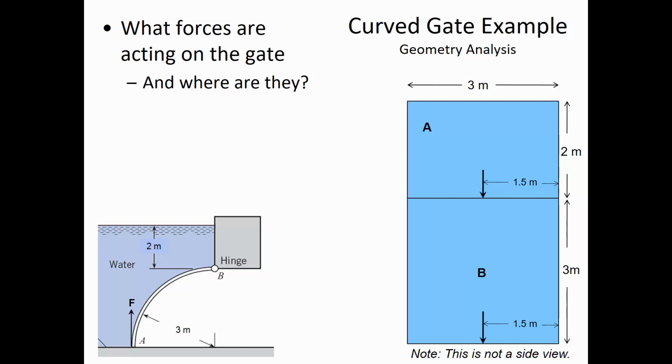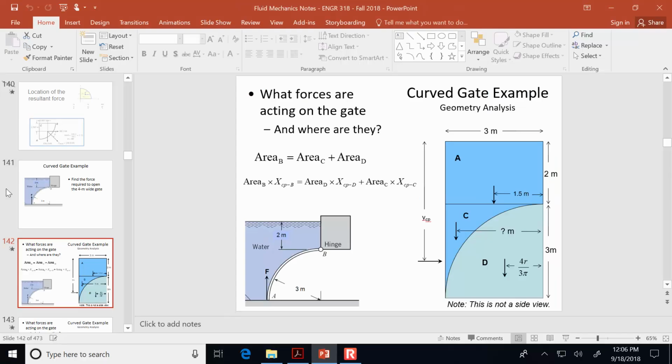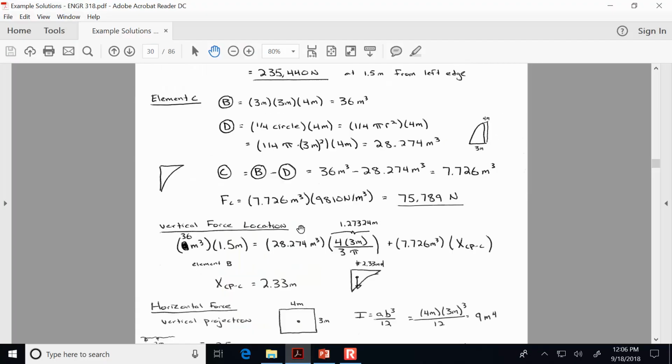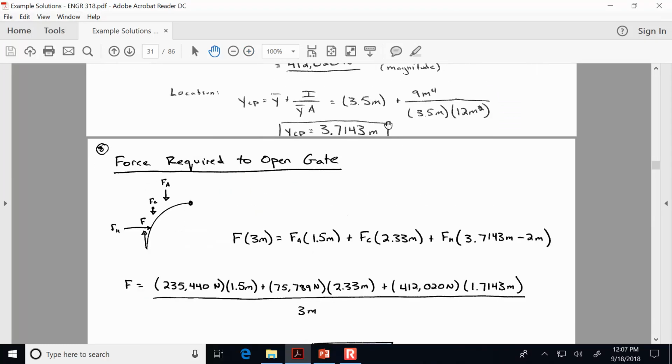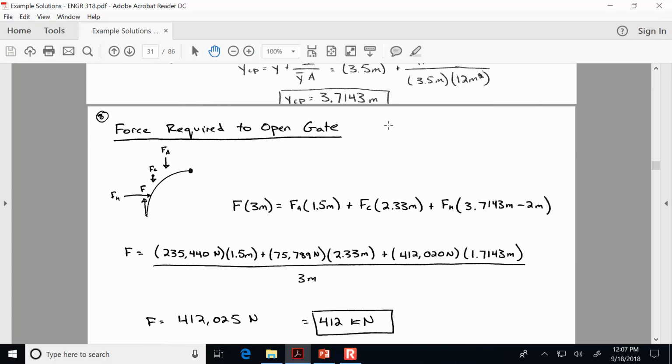All of that is going to be balanced out by this force F, and it is acting at a distance of 3 meters from the hinge. If we stop and calculate what F is going to be, then the force required to open up that gate should be 412 kilonewtons.